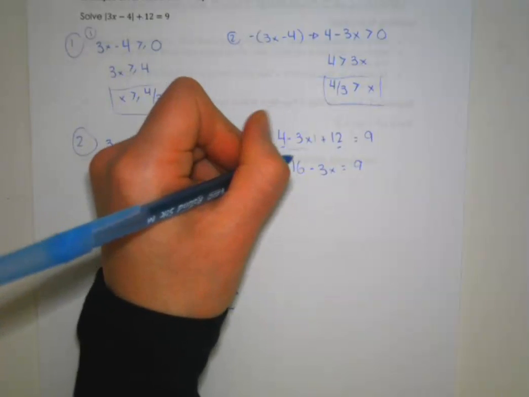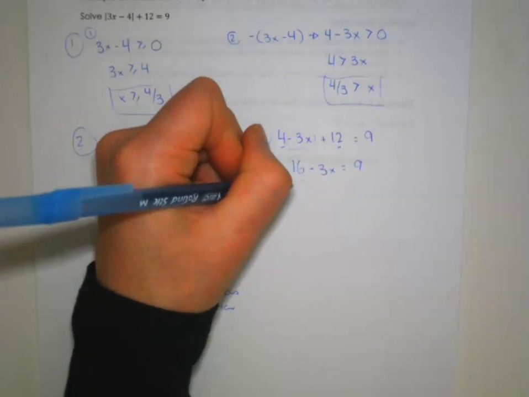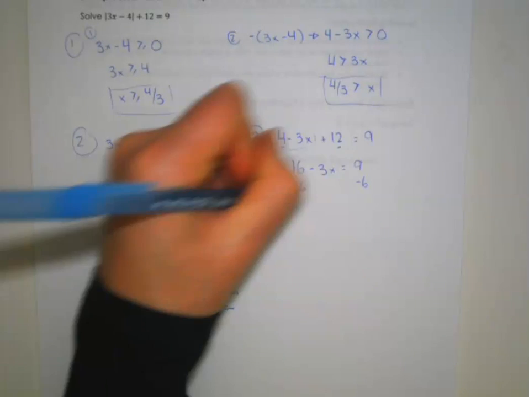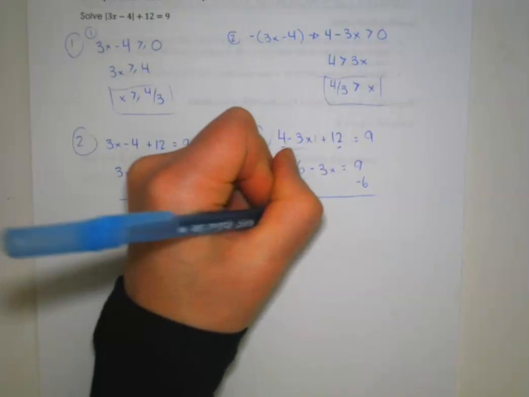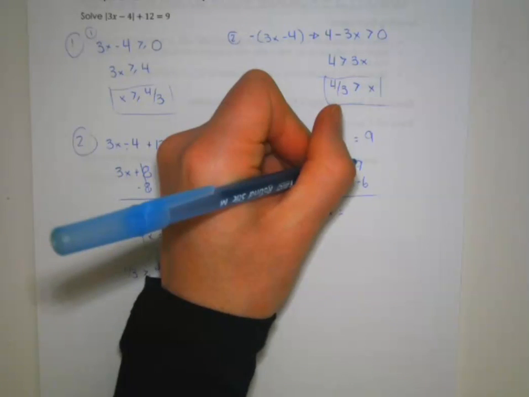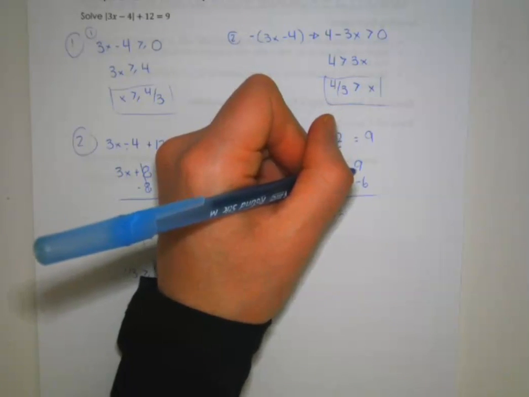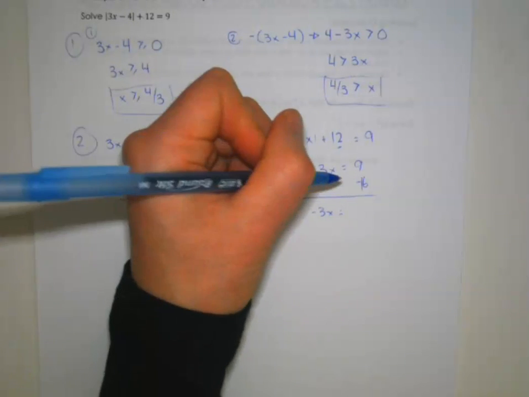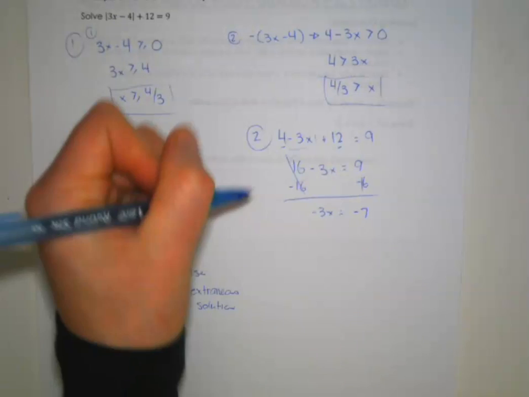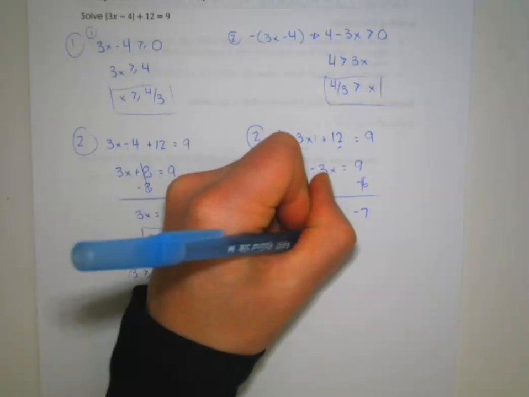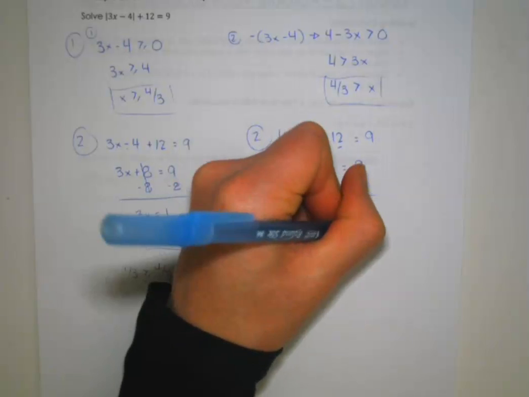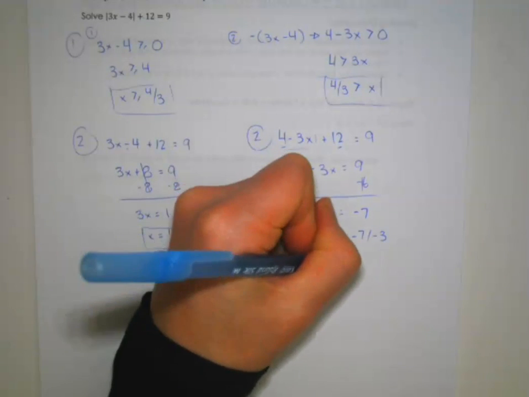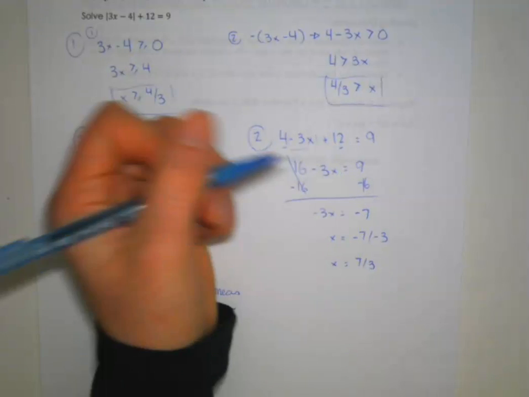Then we want to move this over to the other side, so we need to subtract 16 from both sides, which gives us negative 3x is equal to 9 minus 16, which is negative 7. And then x is going to be equal to negative 7 over negative 3. And of course the negatives cancel out, so x equals 7 over 3.